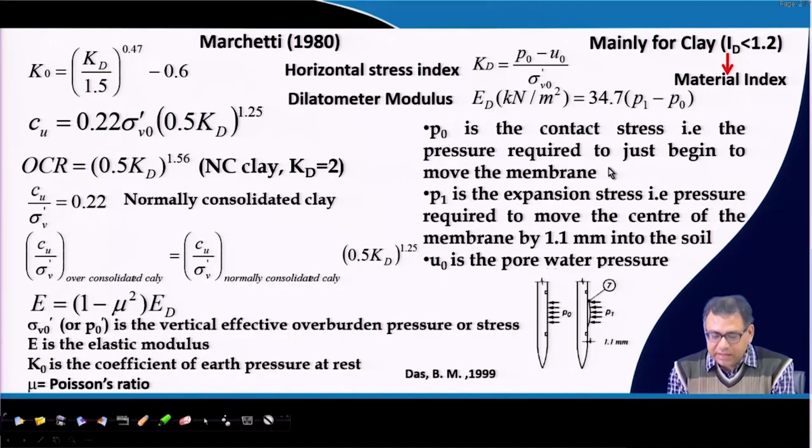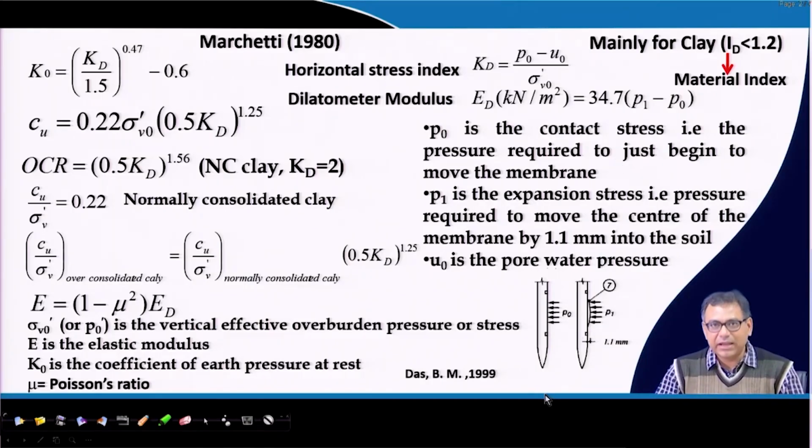So, when we initially apply the stress, the movement of the membrane will not take place immediately. We have to apply some stress so that at that point the membrane will start to deform.